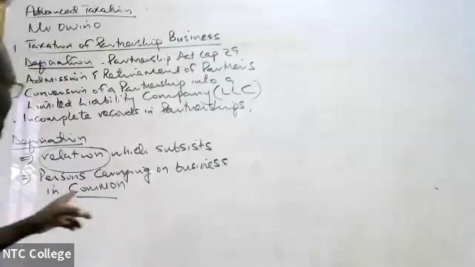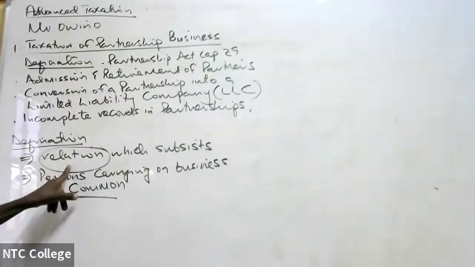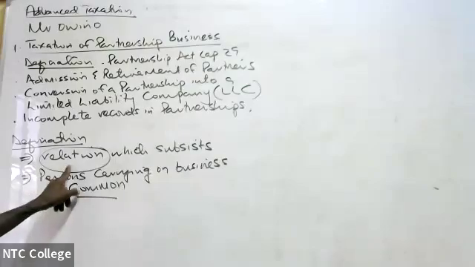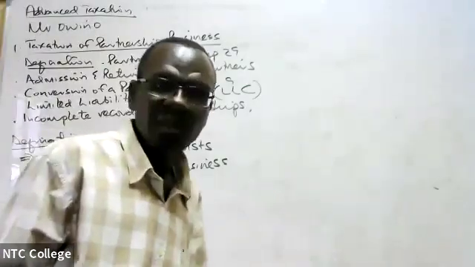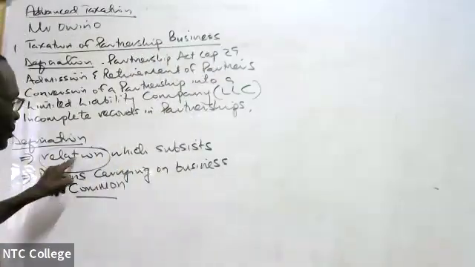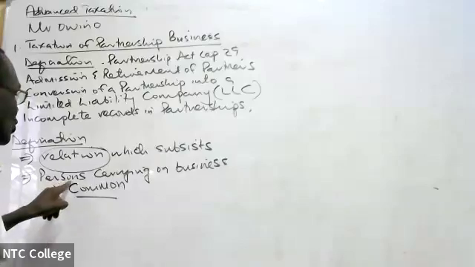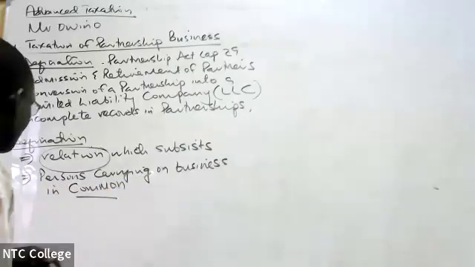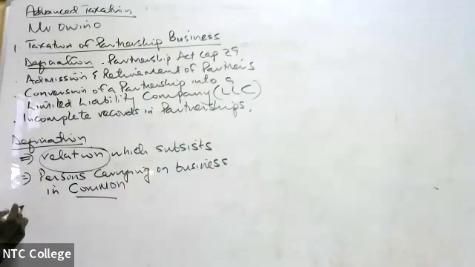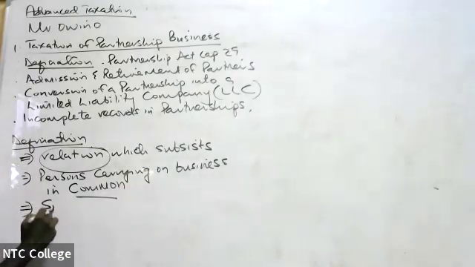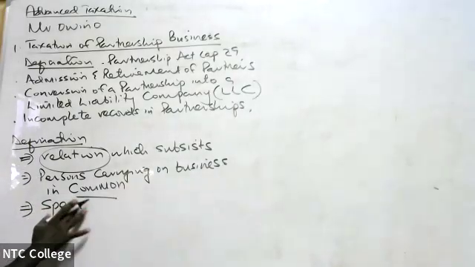So these aspects are very important. A partnership is not an entity legally. It's merely a relation which subsists between persons carrying on business in common. And this business in common has a motive. There's a speculative motive with a profit motive.